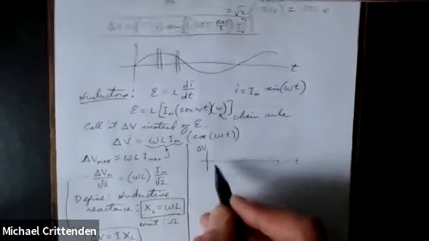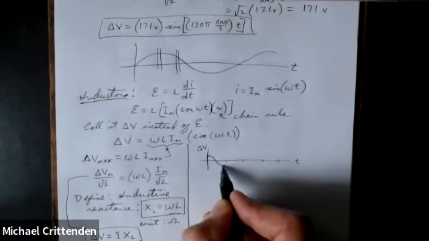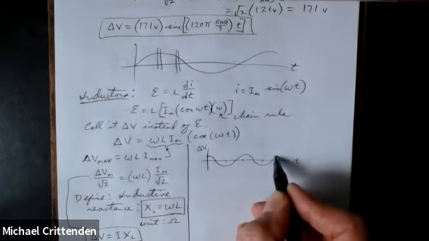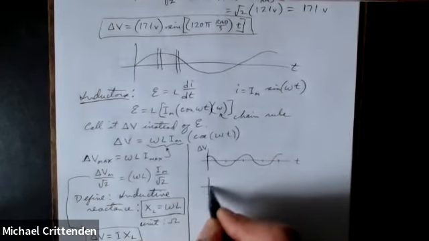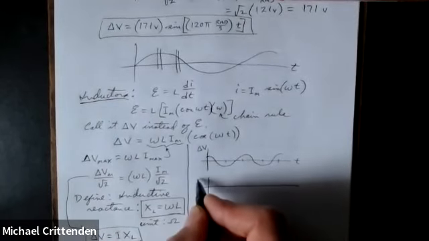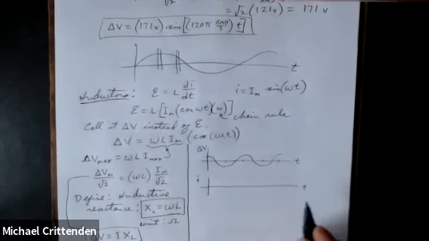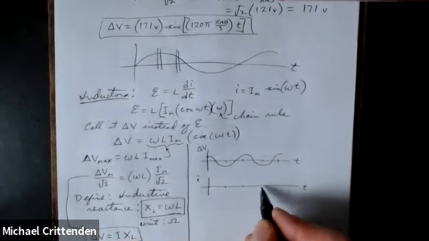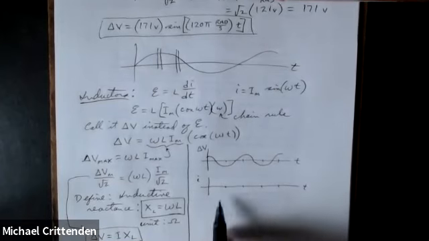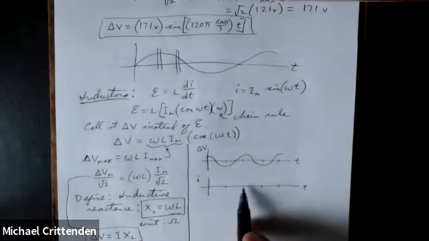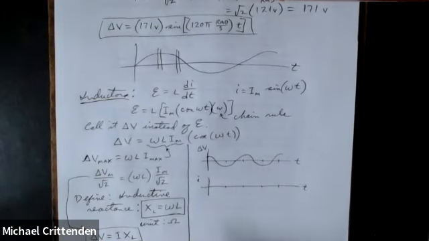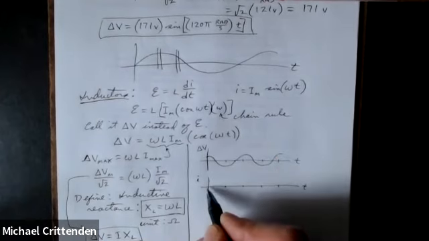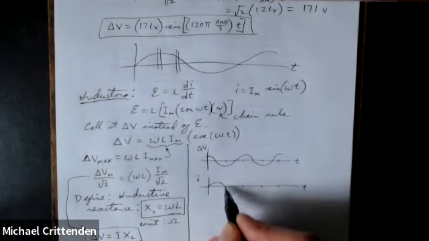So that's going to look something like this. If I do the current as a function of time, these little times that I'm marking here are supposed to be the same time as that, and so on. It says over here, the current is a sine. So that's going to look like this.